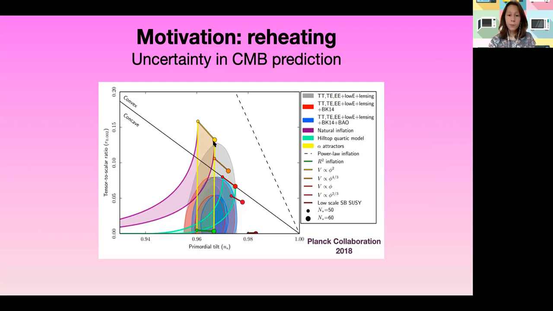The colored bands here are inflationary predictions from different models. And the uncertainty is actually given by the uncertainty on the duration of reheating. So if we understand reheating better, we would be able to decrease the uncertainty on these inflationary predictions.